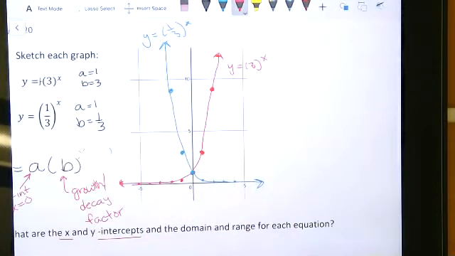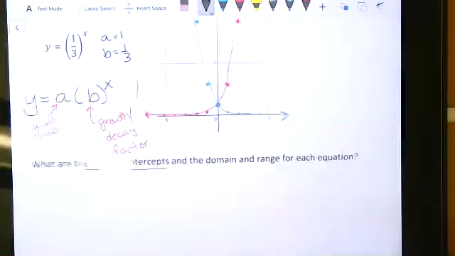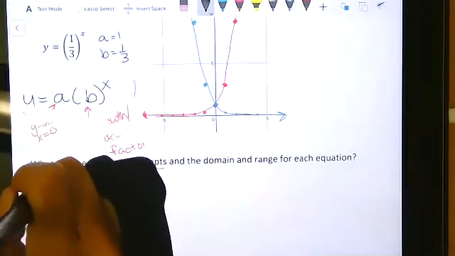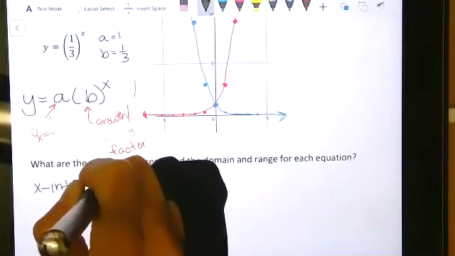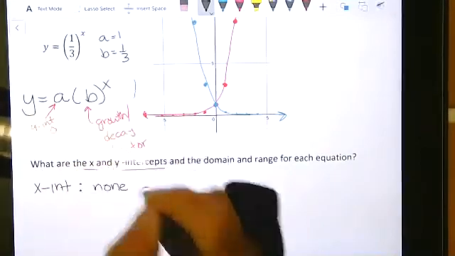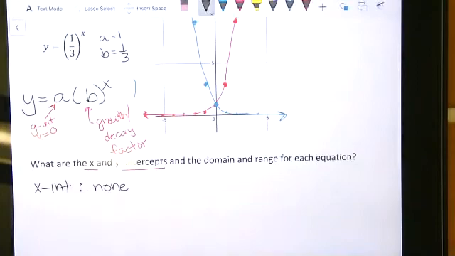How about, do these graphs cross the x-axis? No, there are no x-intercepts. X-intercepts means you actually have to hit the x-axis and cross it. So both of these graphs, the x-intercepts, there are none. In other words, they're never going to cross the x-axis.